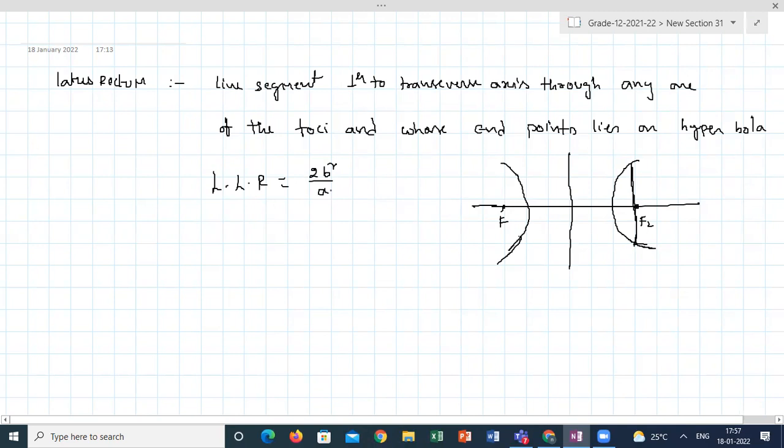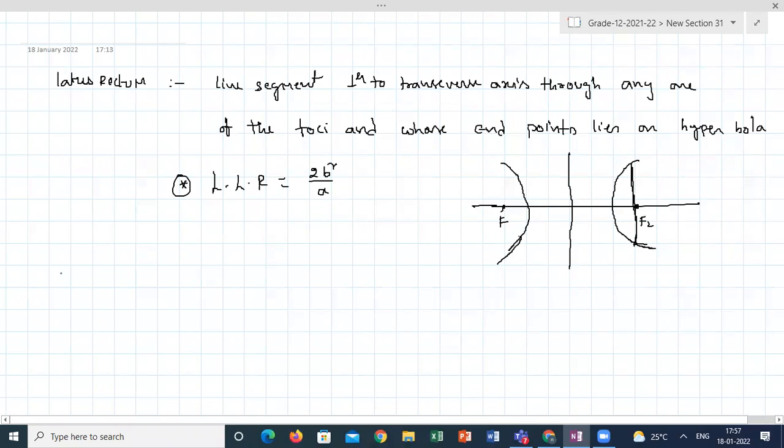If the y-axis is the transverse axis, it is also 2b square by a. Only the denominators of the x square and y square will be a little different there. Anyone can try to prove how it is 2b square by a. I am giving these two proofs as self-learning. You try, otherwise we will discuss at the end of the conic sections.